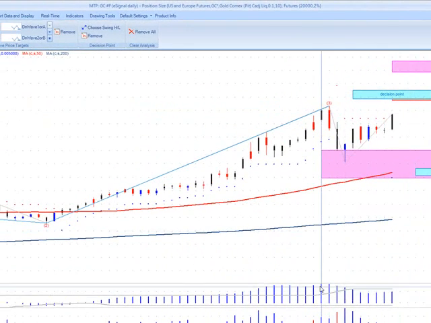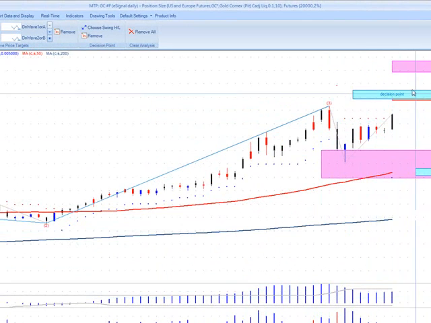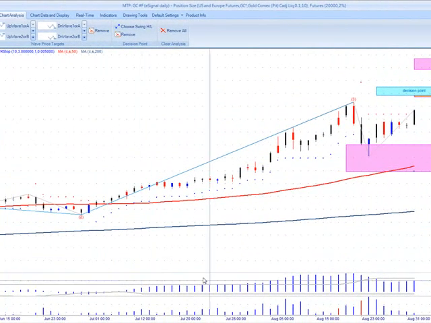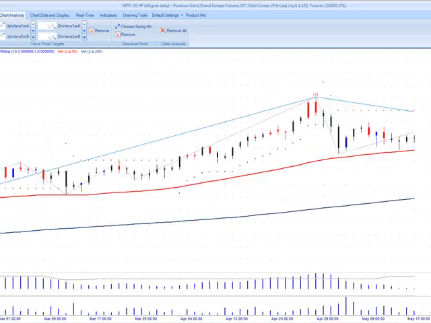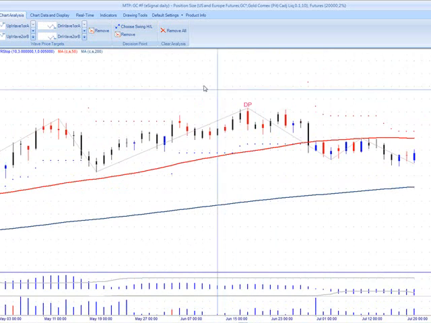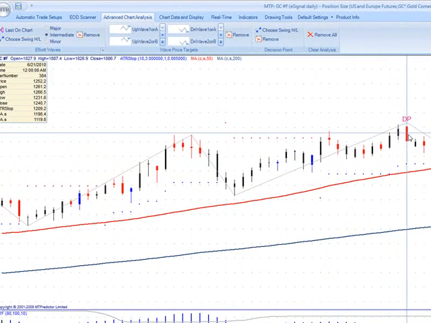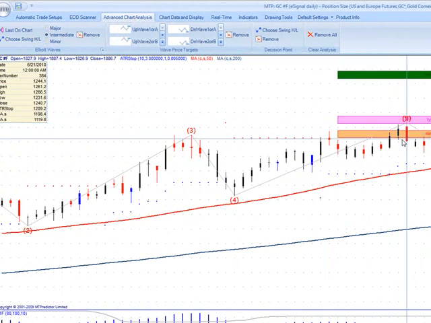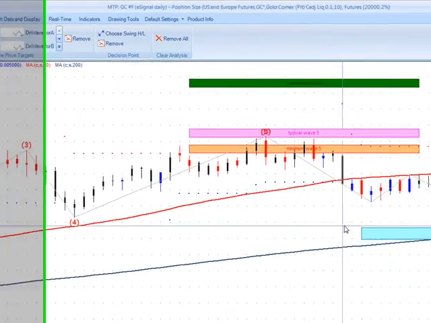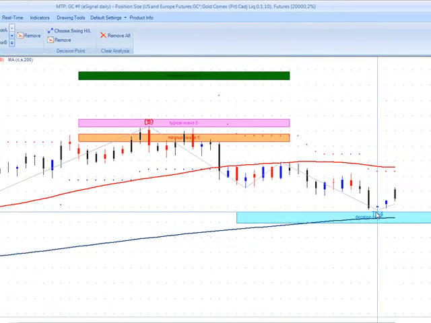Depending if we've got divergence on the oscillator, we may get an automatic DP sell signal, similar to what we had back in gold sometime back. Right here. Here's an area where we'd gone wave 5 up here with the DP, and the correction was back to the wave 4 DP before we got the buy signal.